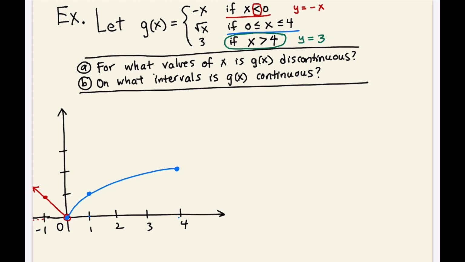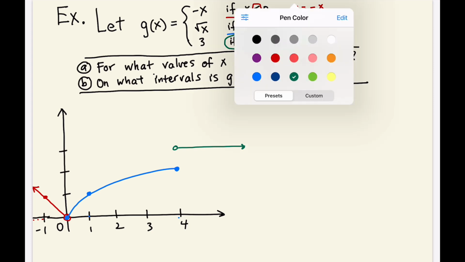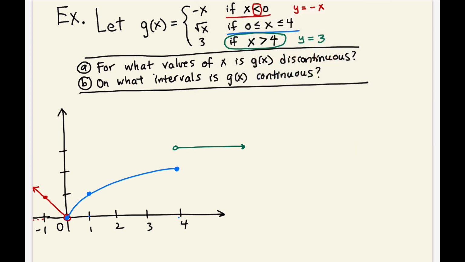We will be graphing just this segment of the horizontal line. I forgot to mention that with the square root, we were graphing the function y equals root x. So 3 functions occurring on 3 different parts of the domain. The domain here is all real numbers.